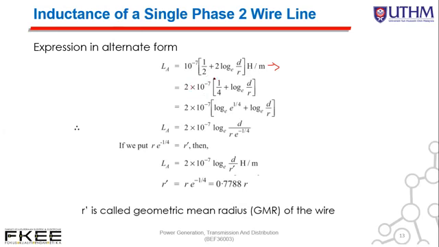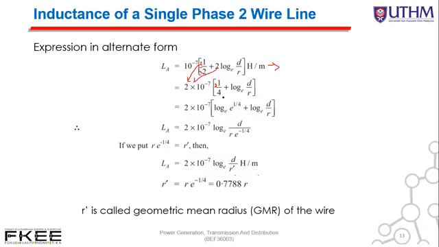If we multiply this equation by 2 over 2 and take out the 2, we get 2 times 10 to the power of minus 7 times (1 over 4 plus log exponent D over R).